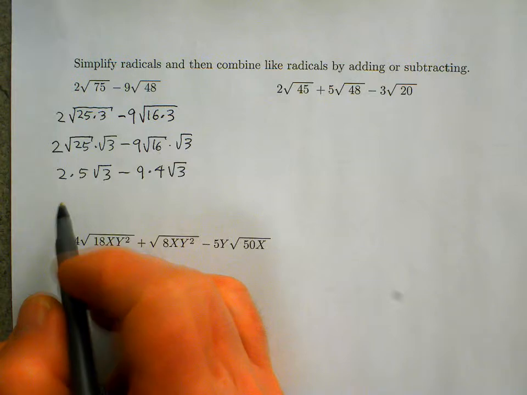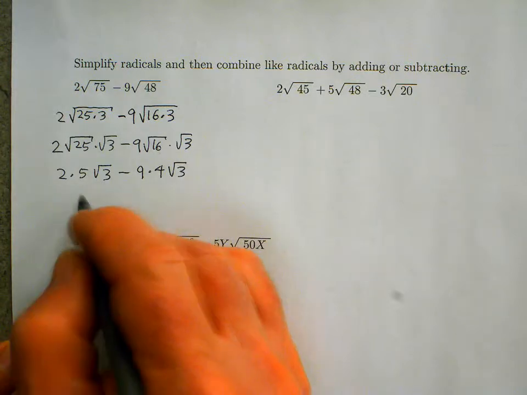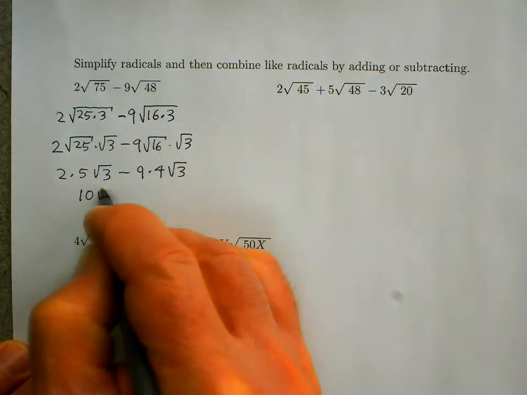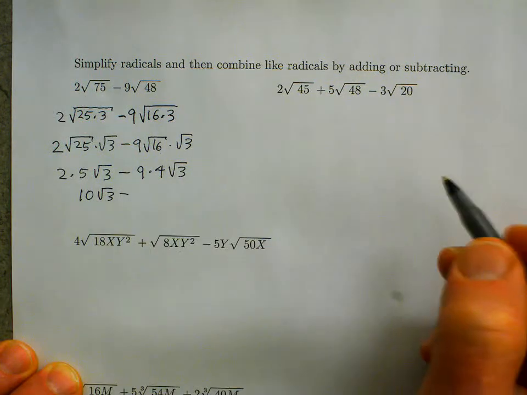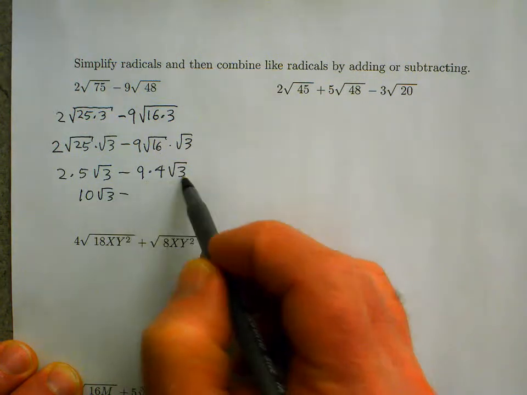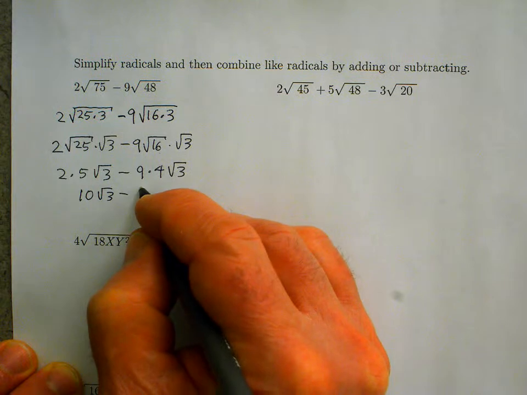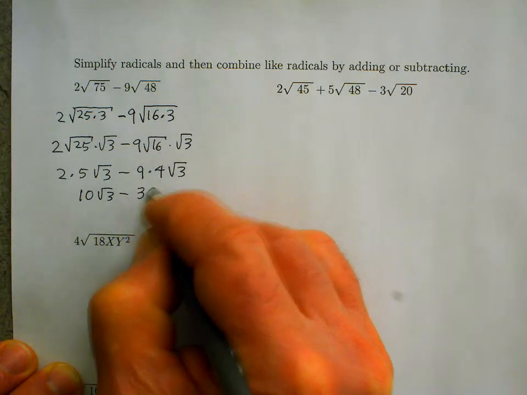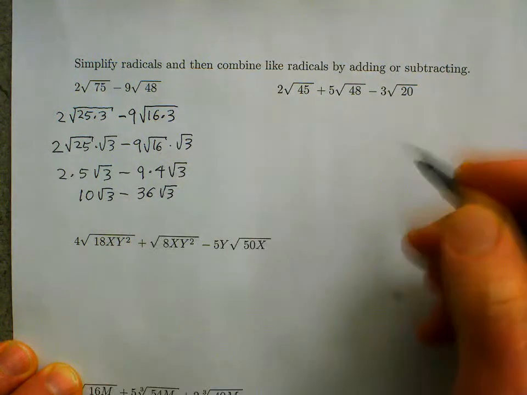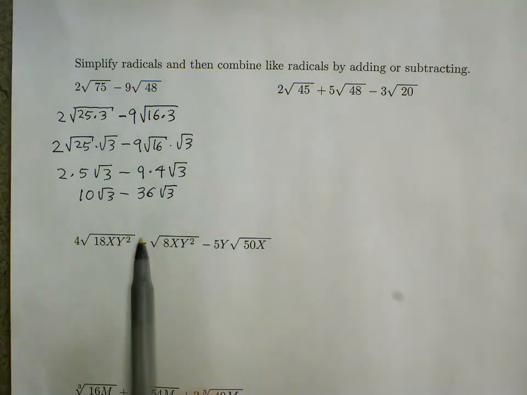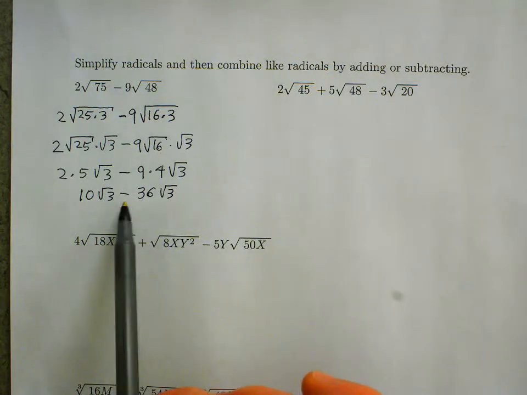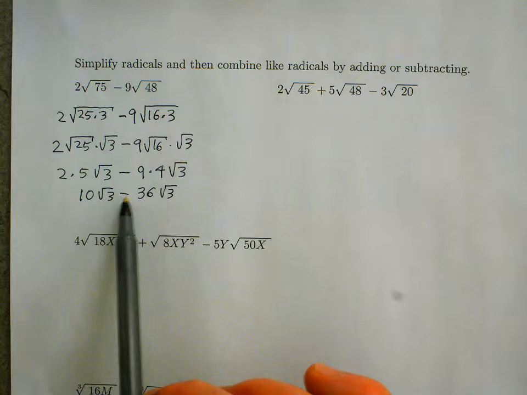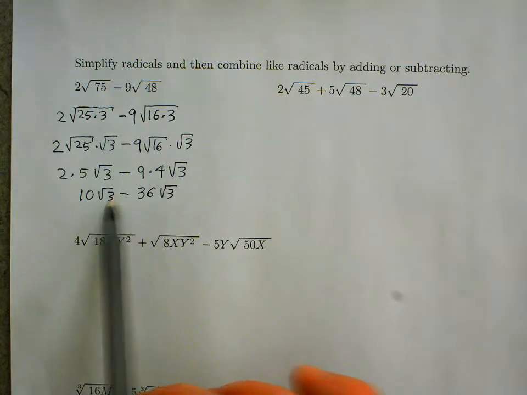Then the next step, 2 times 5 times the square root of 3 is 10 times the square root of 3. And then minus 9 times 4 times the square root of 3 is minus 36 times the square root of 3. We can combine by subtracting because the radicals are the same.